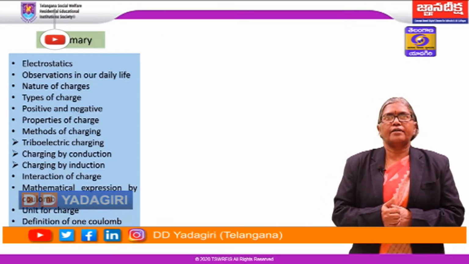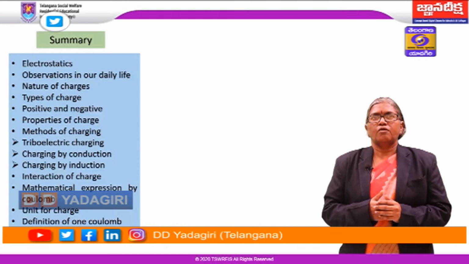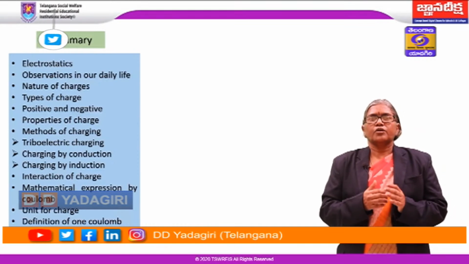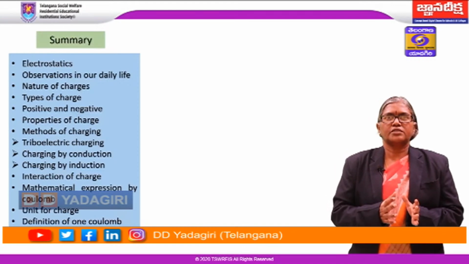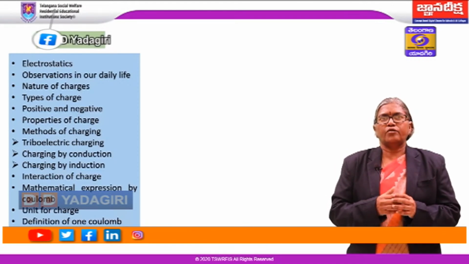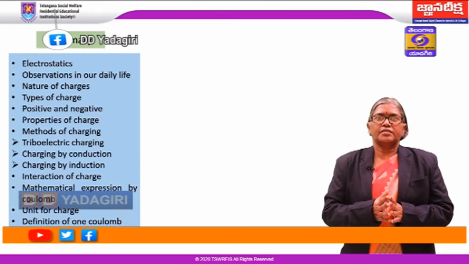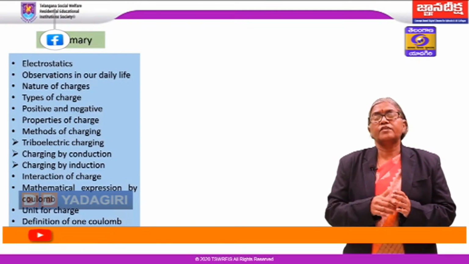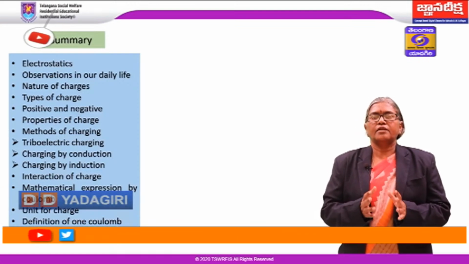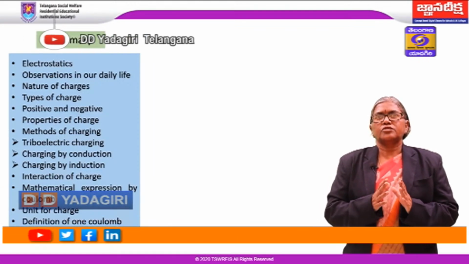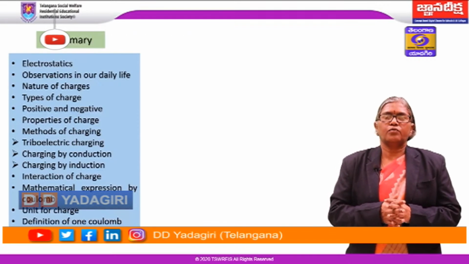And finally, we defined what is 1 coulomb. 1 coulomb means Q1 is equal to Q2 is equal to 1 coulomb. That means if we take two similar charges and keep them at a unit distance of separation, and the force acting between them is 9 into 10 to the power of 9 newtons, then we can say that the charge value is 1 coulomb.